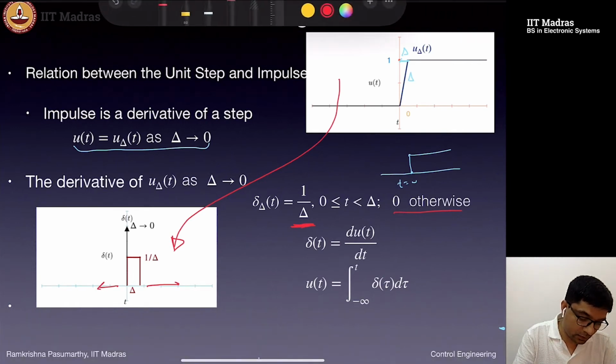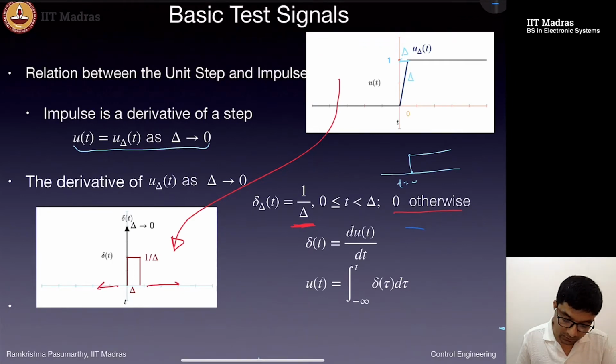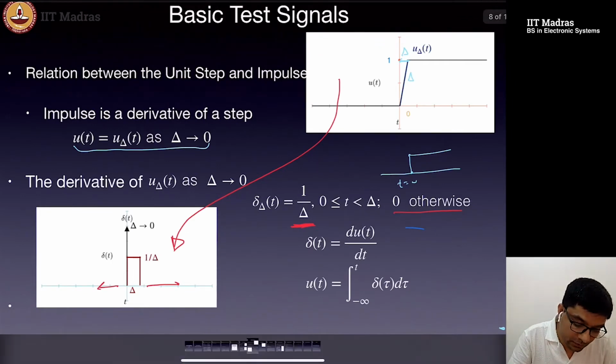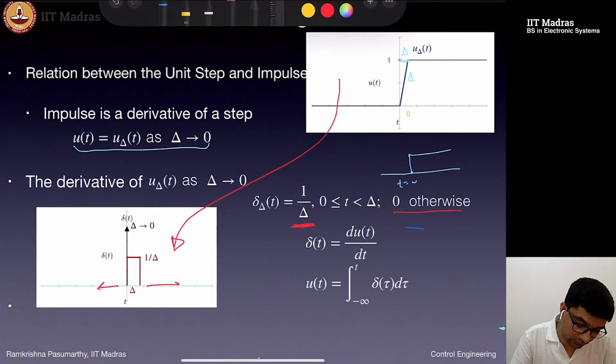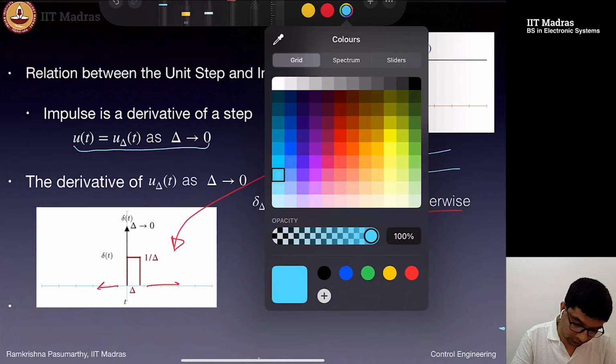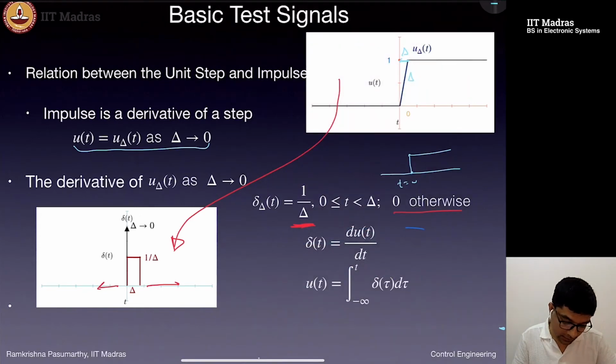So I can now say that, let me choose the right color. Okay, I can look at the derivative as delta goes to 0, that looks very nice.